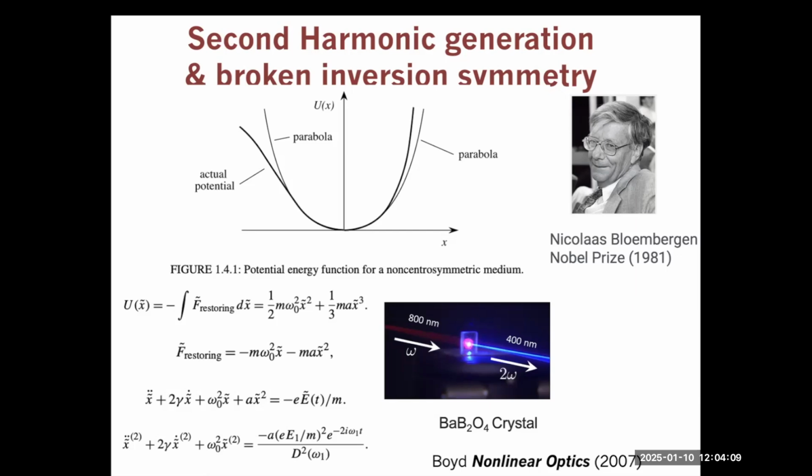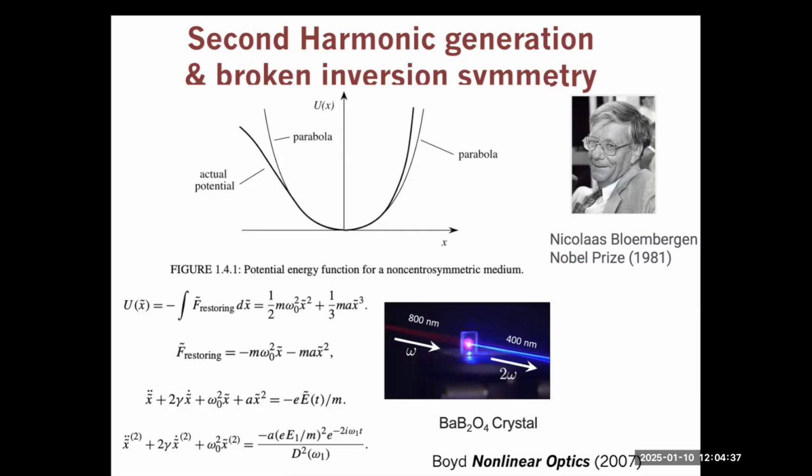Okay, and this is a phenomenological damping term that is linearly proportional to the velocity, but then one more force, that is the light. So the light is driving the electron at frequency omega, maybe omega 1 in my notation. Then we solve this perturbation equation, and we find that the displacement of the electron in the second order can also oscillate at 2 omega 1 frequency. Okay, and this is the origin of second harmonic generation.